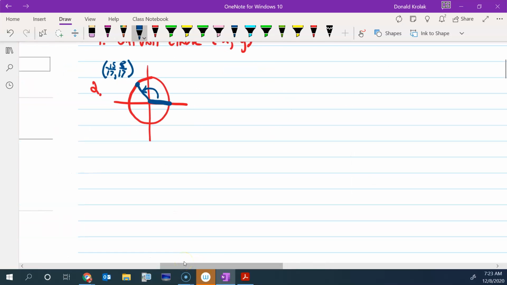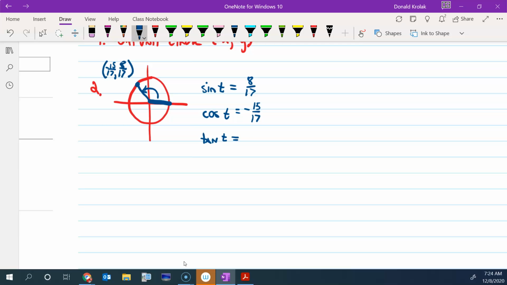So we know the sine is the y coordinate. Okay, so sine is going to equal 8 over 17. Cosine, negative 15 over 17. Okay, and now tangent. Tangent is sine over cosine.